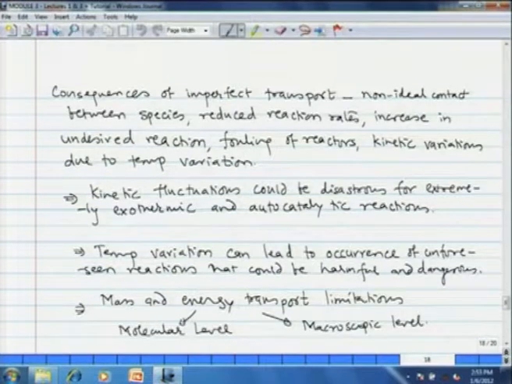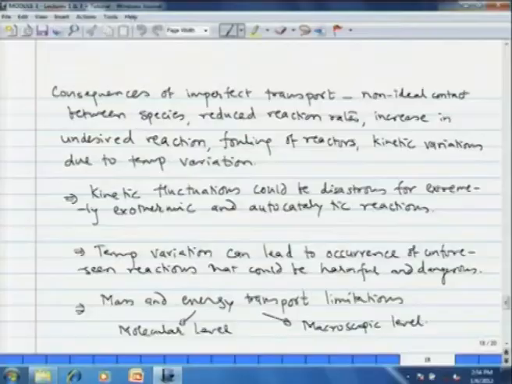Then kinetic fluctuations can further be disastrous for, let us say, extremely exothermic or autocatalytic reactions. The temperature variation can lead to the occurrence of unforeseen reactions, which could not only cause the loss of reactant, but could also produce harmful side products and pose danger to sustainable reactor operation.